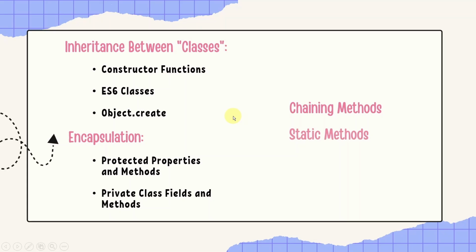Then we have chaining methods. Also we have static methods. JavaScript OOPS is a concept in itself, but these are the fundamental concepts you should learn to get started with JavaScript OOPS. And once you learn OOPS, you will feel JavaScript is very easy and you can easily implement things.